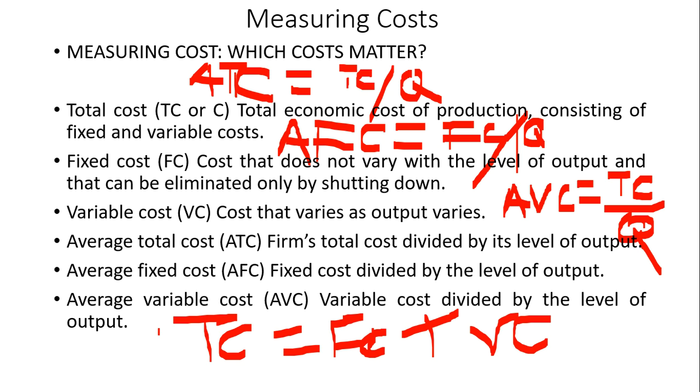So unlike fixed cost, variable cost changes, it's variable in nature. And then we've talked about the average total cost, that it is just the total cost function divided throughout by Q. Then we have divided that into two, where we've got the average fixed cost and also the average variable cost.